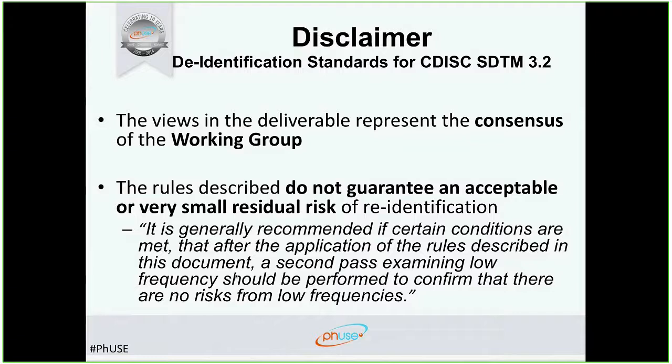We can't just simply take the rules and the quasi-identifiers, apply them and then consider the data is ready to be shared. We do recommend to companies to also look at the residual risk and do extra checks that will ensure that the data is adequate to be shared.